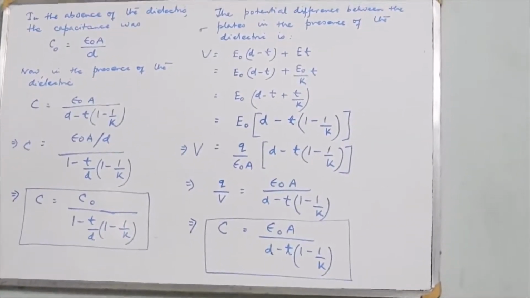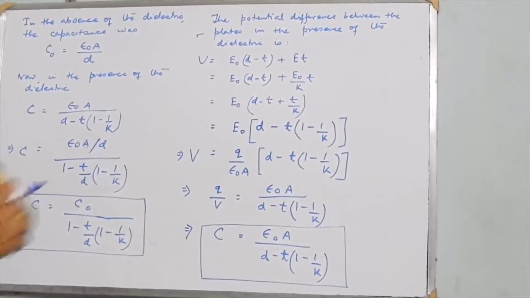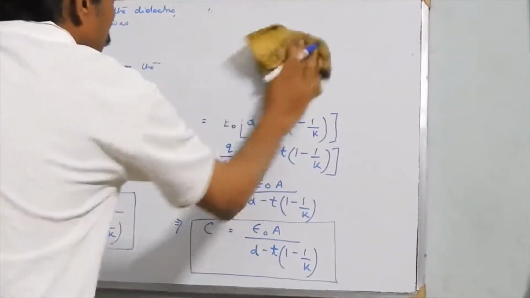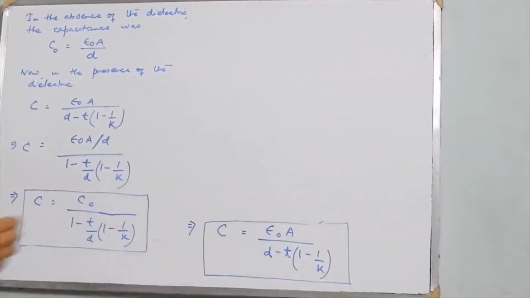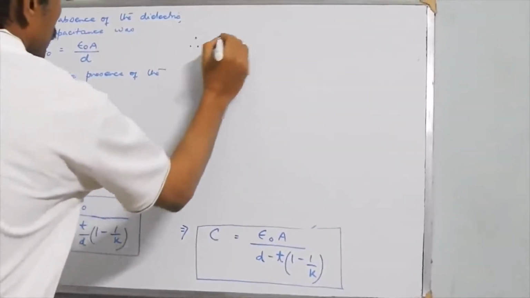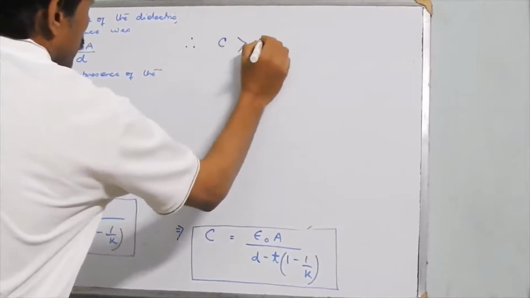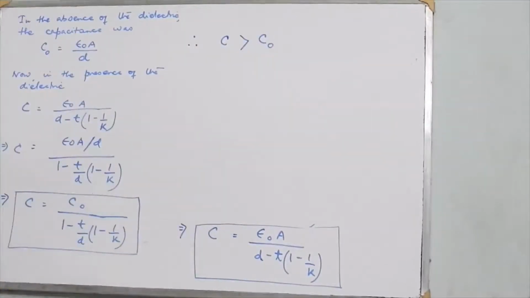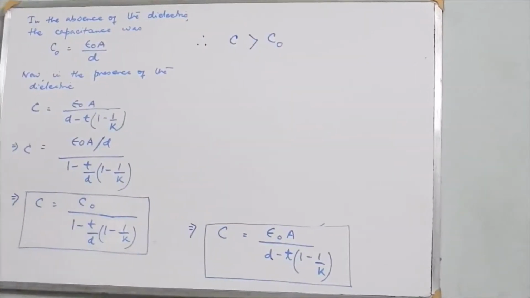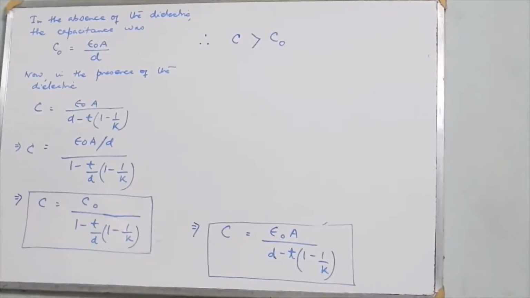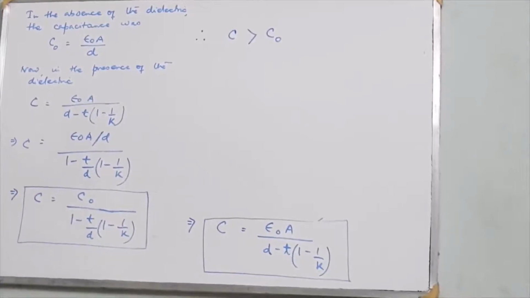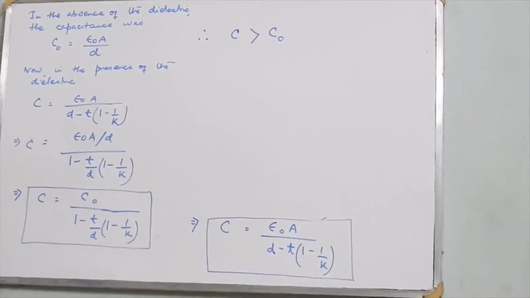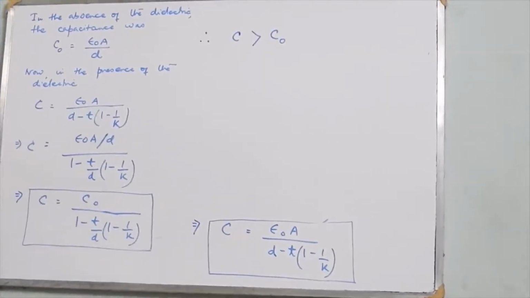So therefore you can say that C is greater than C0 by this factor, which is 1 minus T by D into 1 minus 1 by K.